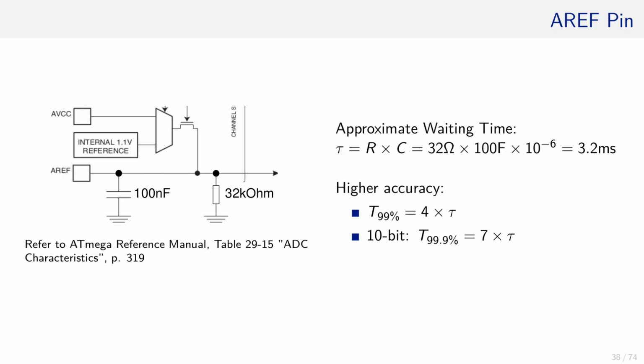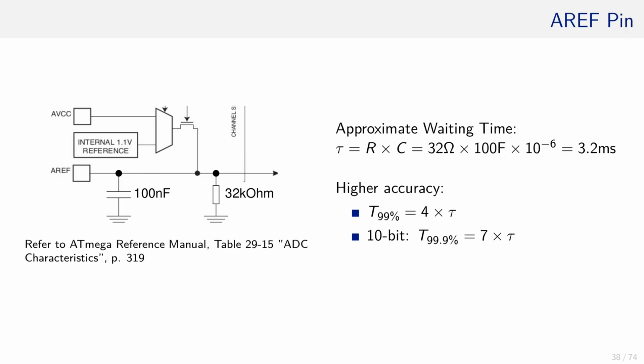For an accuracy of 99%, 4 times tau needs to be waited. That is more than 12 milliseconds, or in our case, since the ADC has 10 bits, it is advisable to wait for 99.9% of the charge to disappear, increasing the waiting time to 7 times tau, or around 22 milliseconds.